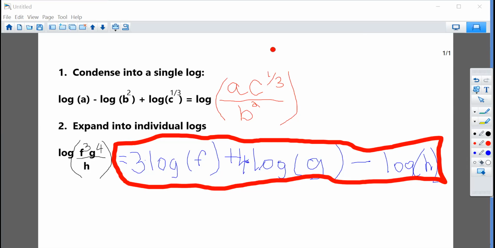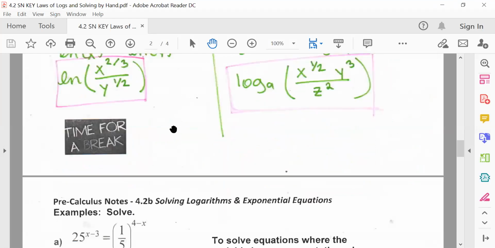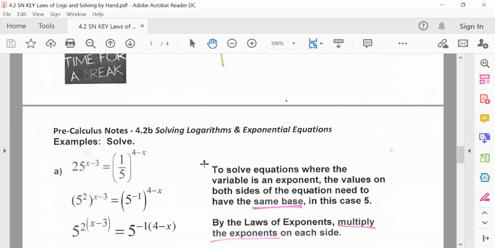All right, then we're going to look at a related but slightly different part of this lesson today, and that's going to be using these log properties and using this condensing and expanding in order to solve.